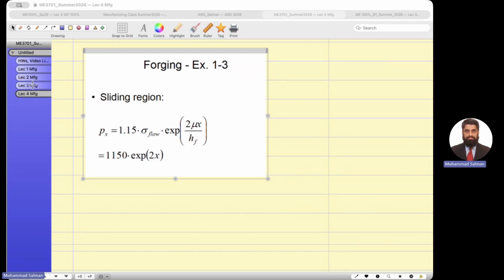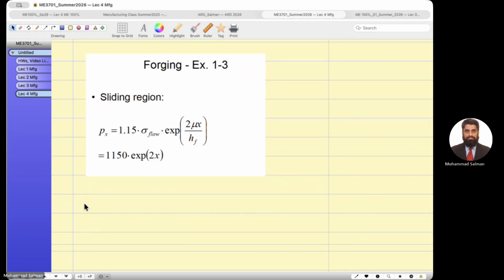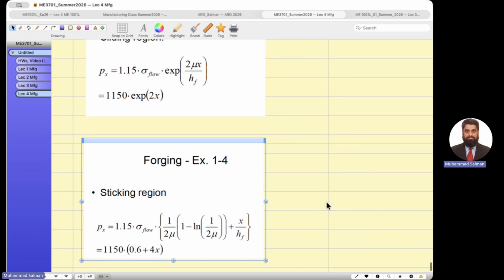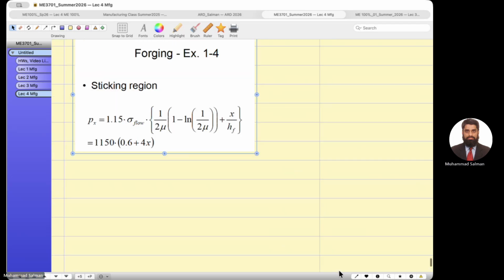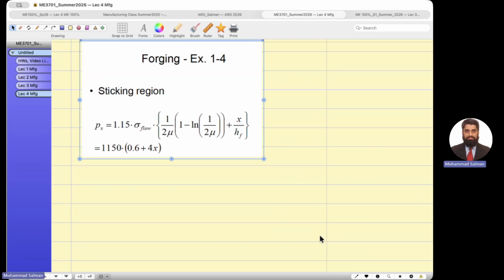And then comes the sticking. Now you will apply the other formula for the sticking region. When you go home, redo this by your own hand. Use this formula sheet, make a formula sheet. This is the formula for the sticking pressure.